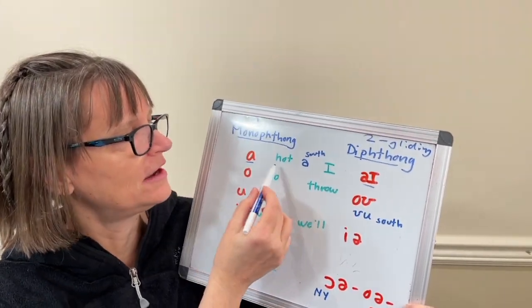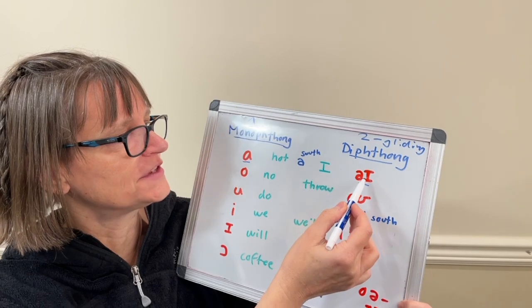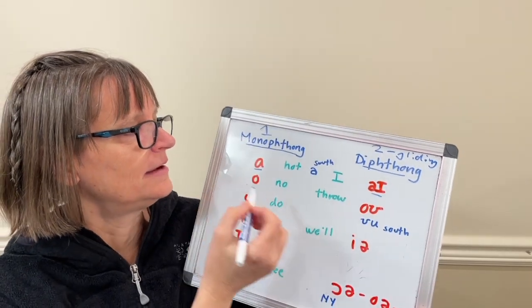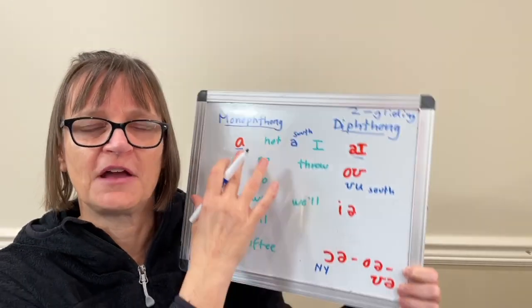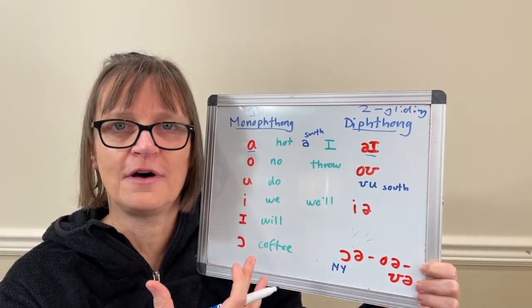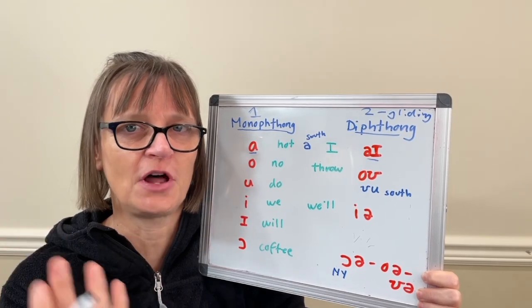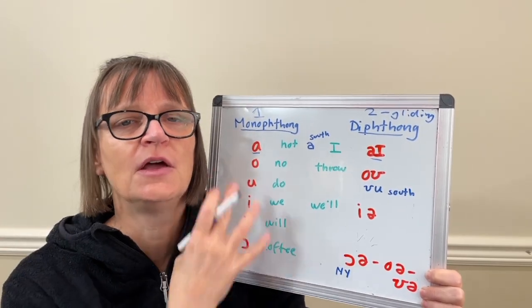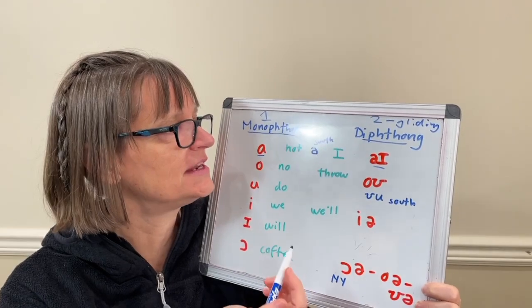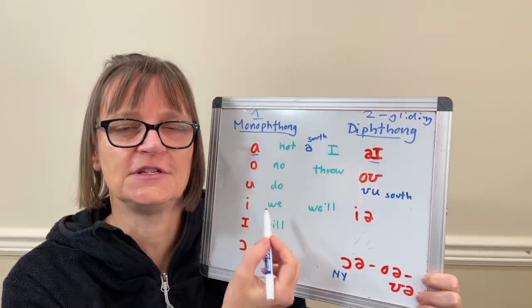So if we're looking at hot versus I, this might not be obvious, but in all of the different regions of the US, all of the different places English is spoken, we have sometimes a tendency to make monophthongs into diphthongs.